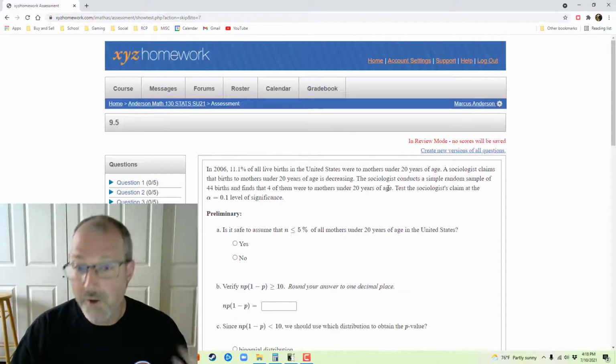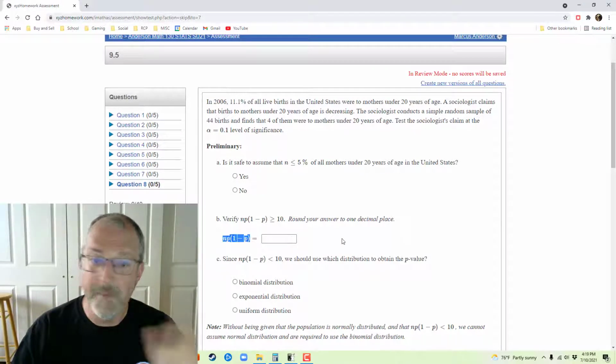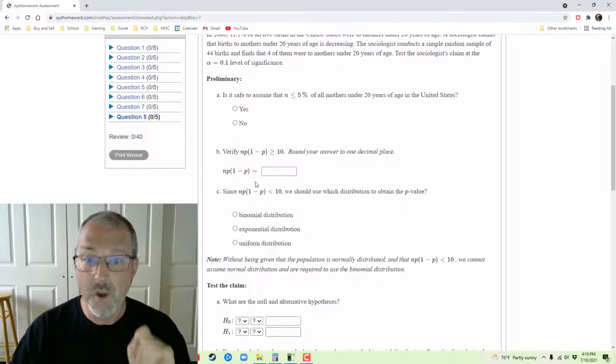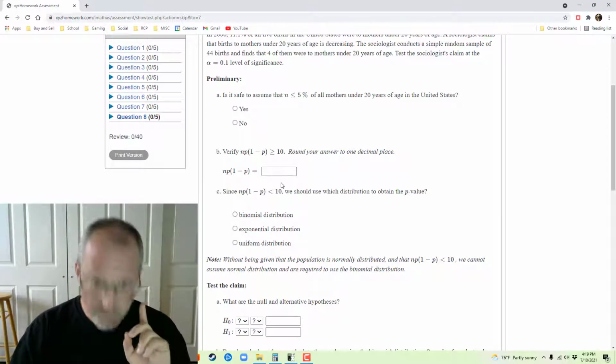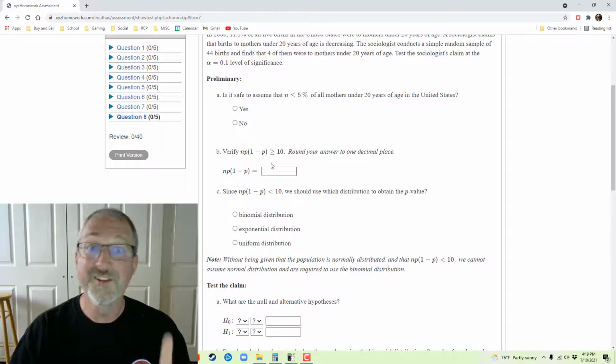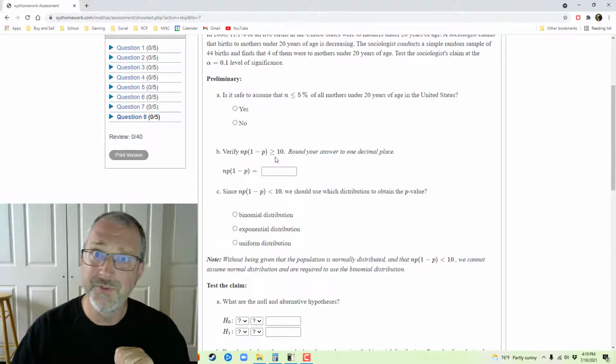Question 8, last question here. One prop z-test. But the one prop z-test is going to run into a little snafu, because when you get done with this one prop z-test, you will see that it does not have an answer greater than or equal to 10.